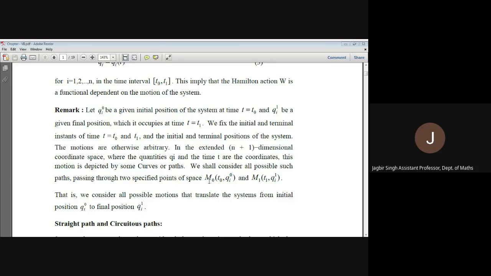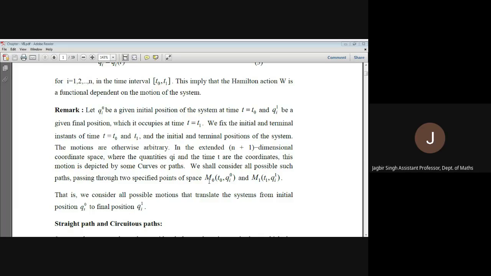If we find the variation over the time interval t0 to t1, it means at time t0 it will be the initial position, and at time t1 it will be the final position. So assume qi0 is the given initial position of the system at time t equal to t0, and qi1 is the given final position at time t equal to t1.